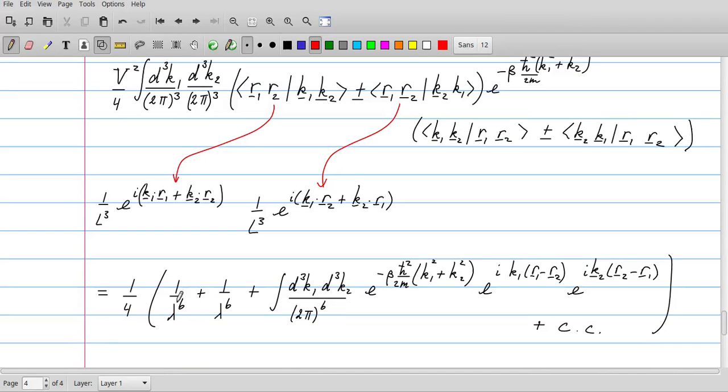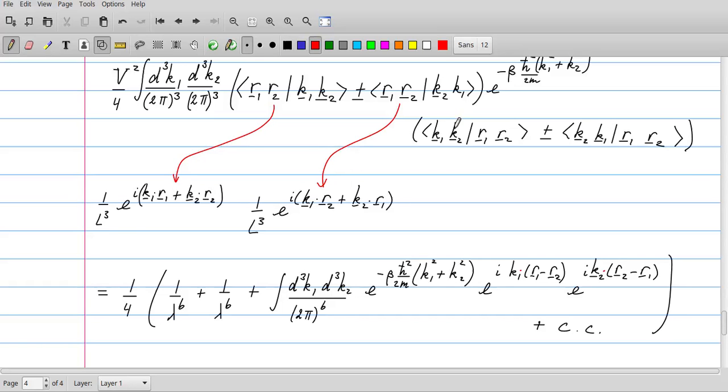And then we have two mixed terms, and these mixed terms involve an extra factor, e to the power ik1 dot (r1 minus r2) and e to the power ik2 dot (r2 minus r1), and these are dot products. And there is also the complex conjugate, because if we combine this term and that one, it is the complex conjugate of this one and that one.